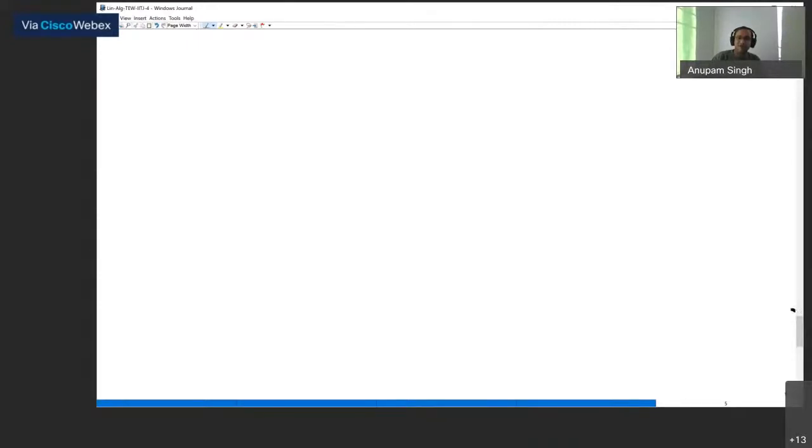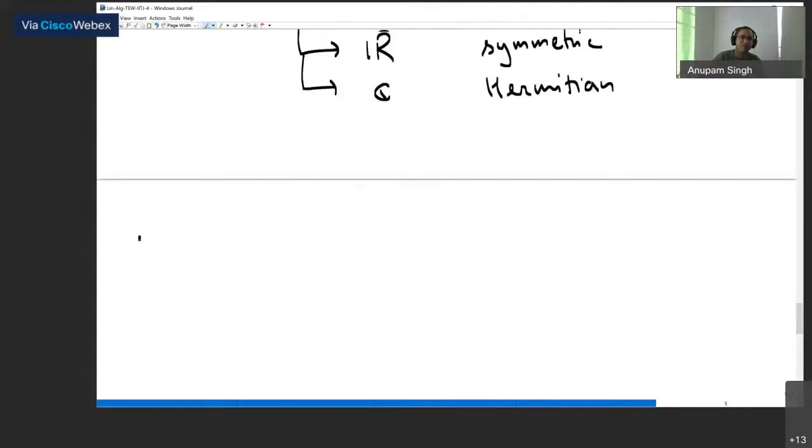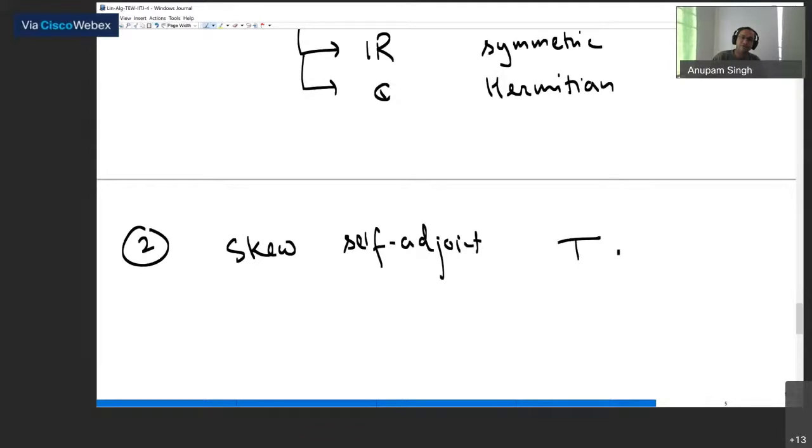Second example: what is called skew self-adjoint. These are those operators for which T is minus T star.